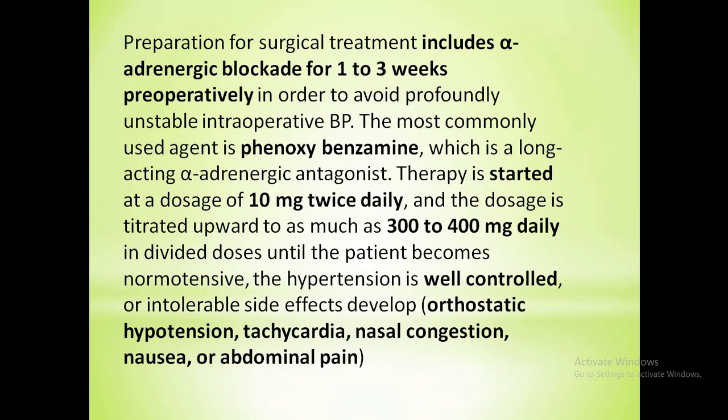So how do you do this alpha-adrenergic blockade? It's usually done with phenoxybenzamine. It's started at 10 milligram twice daily, and the dose could be titrated up to between 300 and 400 milligram daily in divided doses until the patient becomes normotensive, the hypertension is well controlled, and/or intolerable side effects develop, that is orthostatic hypotension, tachycardia, nasal congestion, nausea, or even abdominal pain.